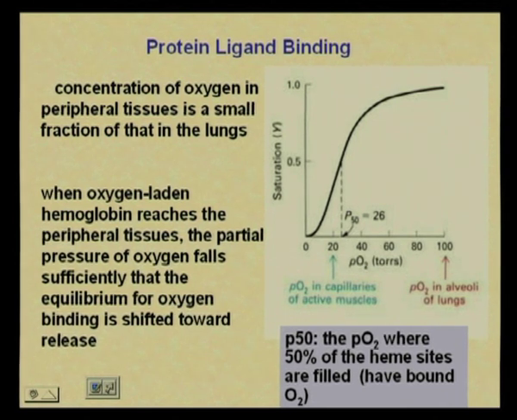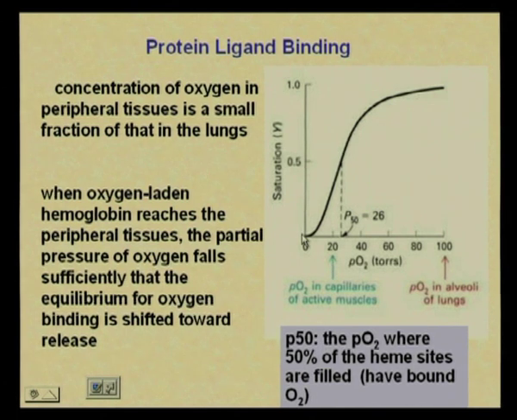What does that mean? It means that the ligand concentration in the lungs is higher, right? If the ligand concentration is higher in the lungs, what do you expect in the lungs? You expect 100% saturation, right? But when the ligand concentration is low, where is the oxygen concentration low?